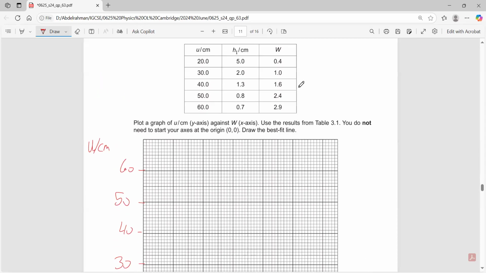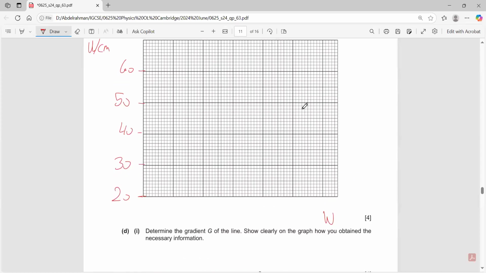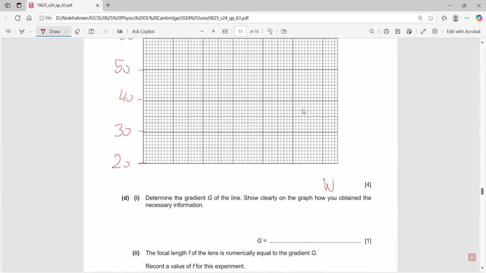As for the W, we need to start from 0.4 all the way to 2.9. If we start from 0, which isn't a must, and increase by 0.5 each time, 1.0, 1.5, 2.0, 2.5, and 3.0, this would be a really good scale for this graph.